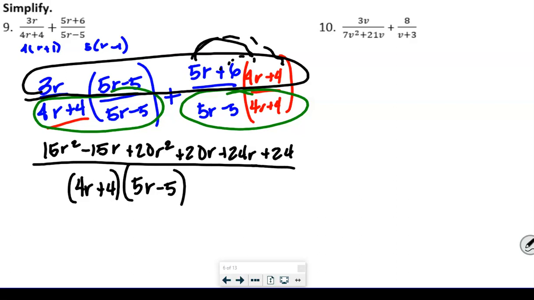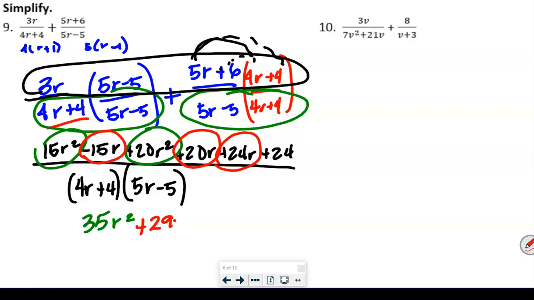So now we're just looking for our like terms. So notice here we have a 15r squared and a 20r squared. So that's going to give us 35r squared. Then we've got a 15r, a negative 15r, a 20r, and a 24r. So if we combine all of those, that would be 44 minus 15, which is 29r.